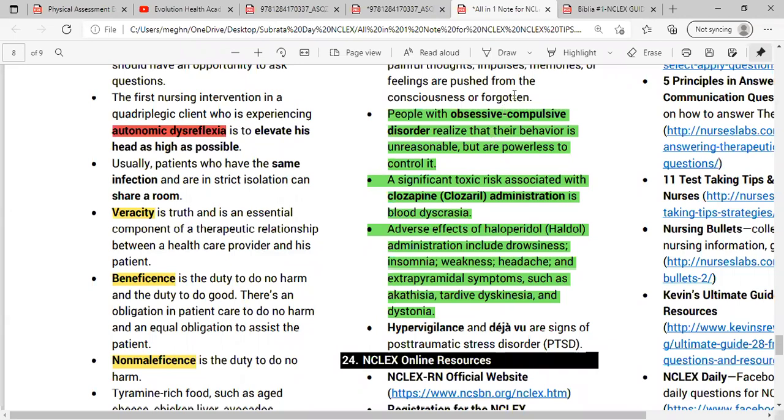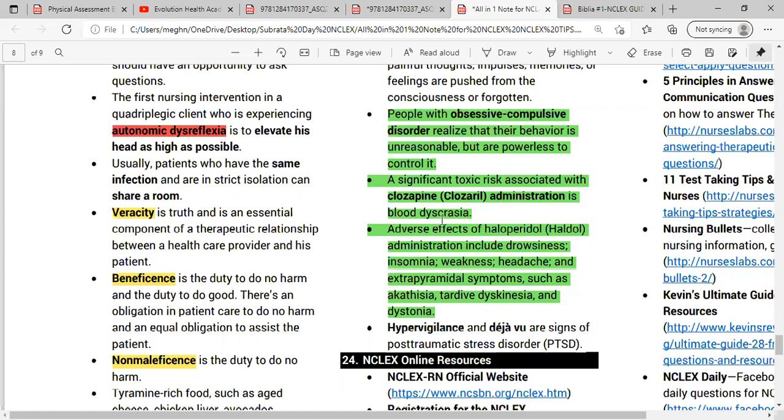Basically, for the treatment options of obsessive compulsiveness, we try to stop the behaviors with techniques, anti-anxiety agents, or SSRIs, which are a good option.